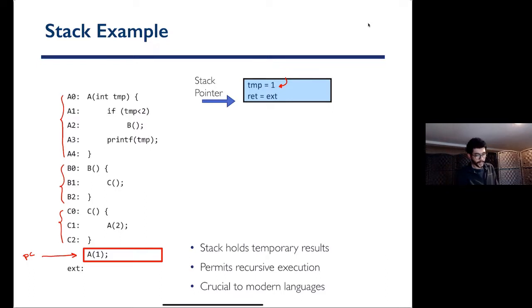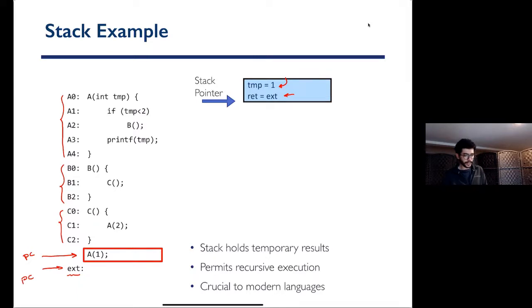We want PC to be pointing to this next line once we're done executing this function, so we also push that return address on the stack. Right now, this is the beginning: my stack has temp and a return address.